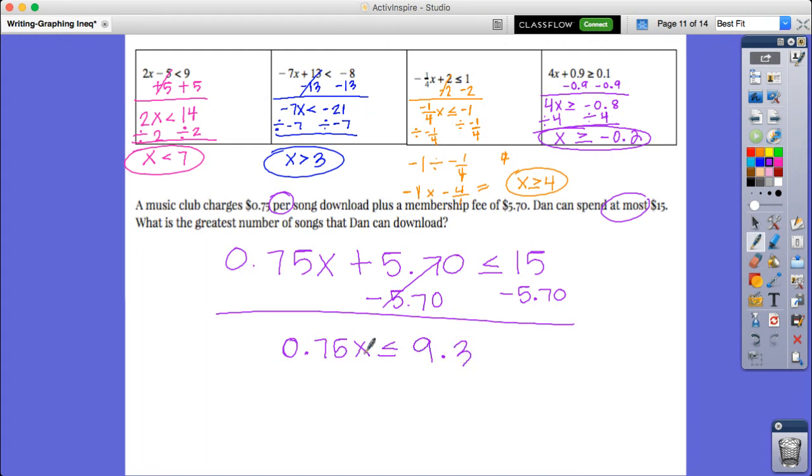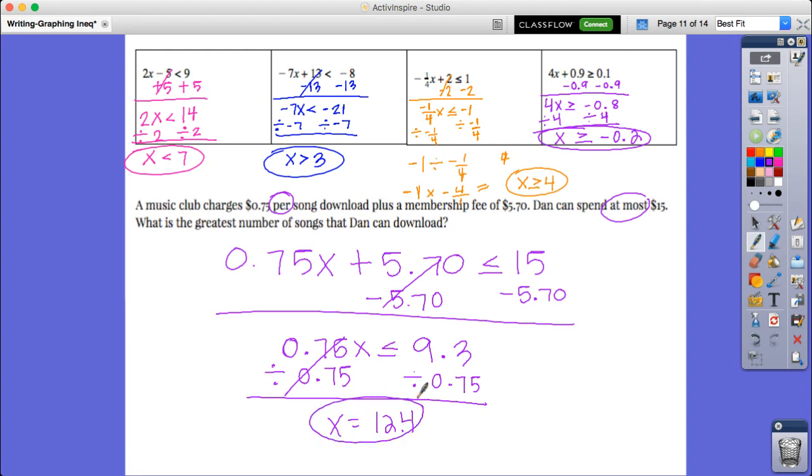Now the 0.75 is being multiplied to that x, so we're going to divide both sides by 0.75. 0.75x divided by 0.75 just gives me x. 9.3 divided by 0.75 gives me 12.4. And that is your final answer.